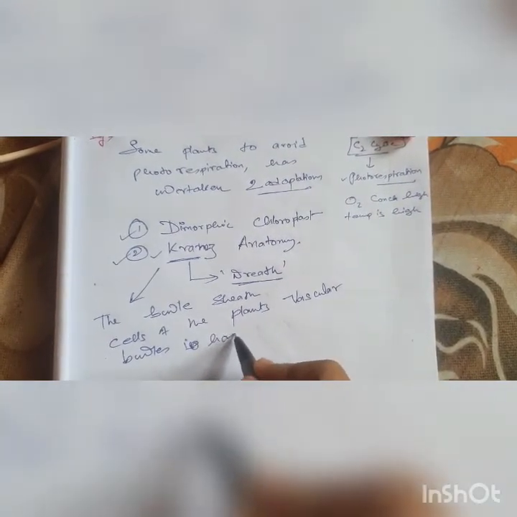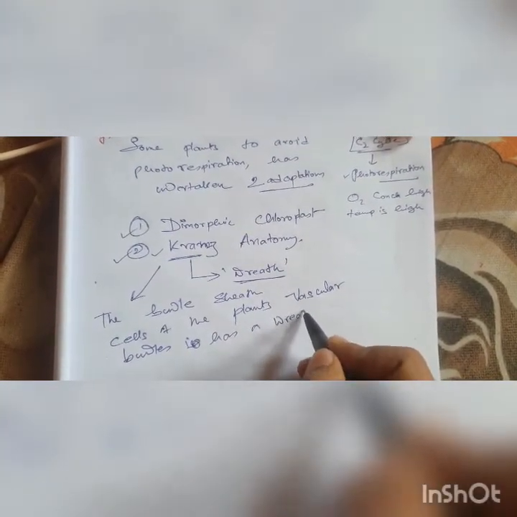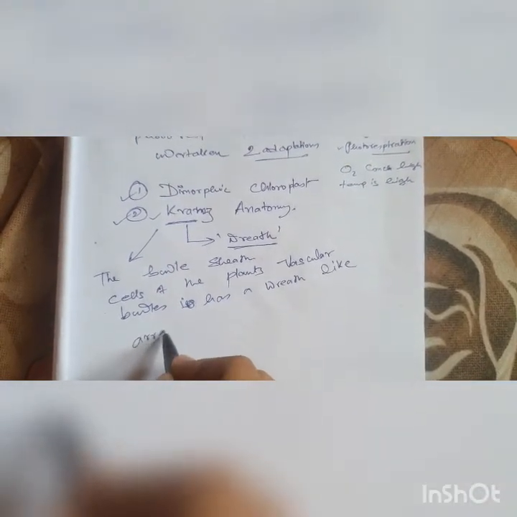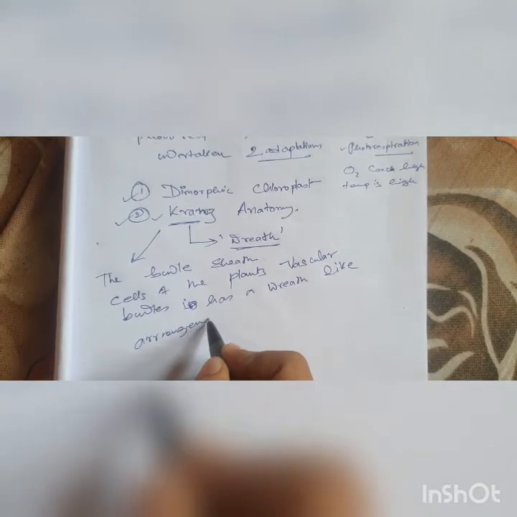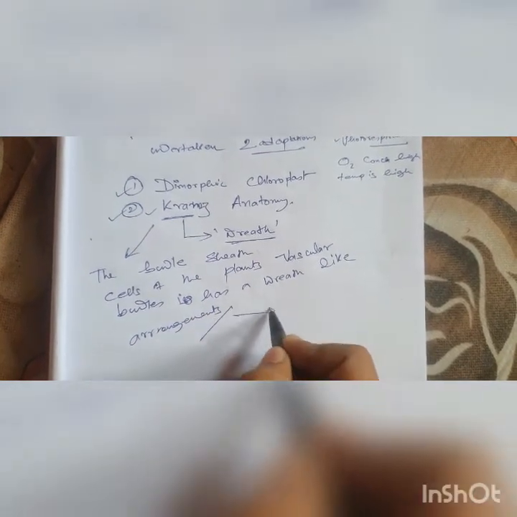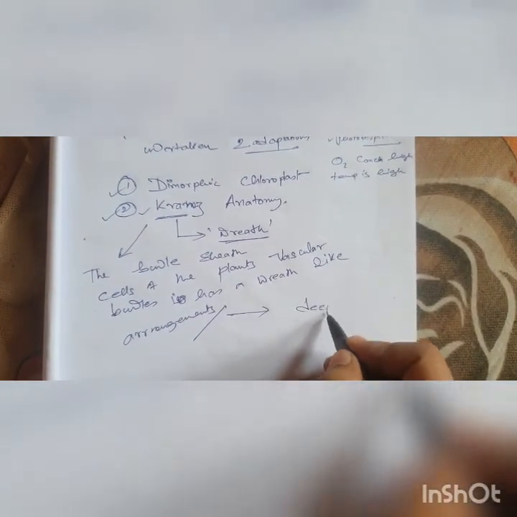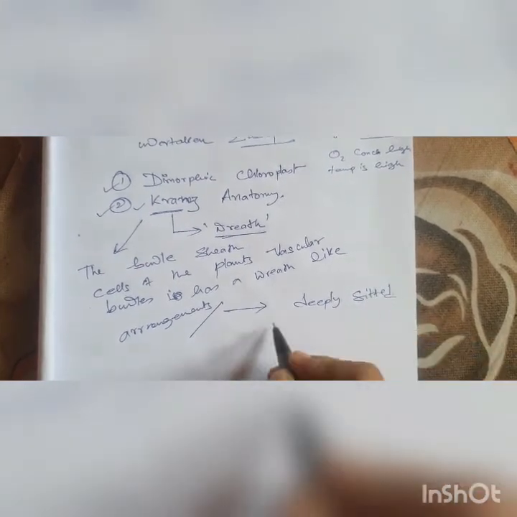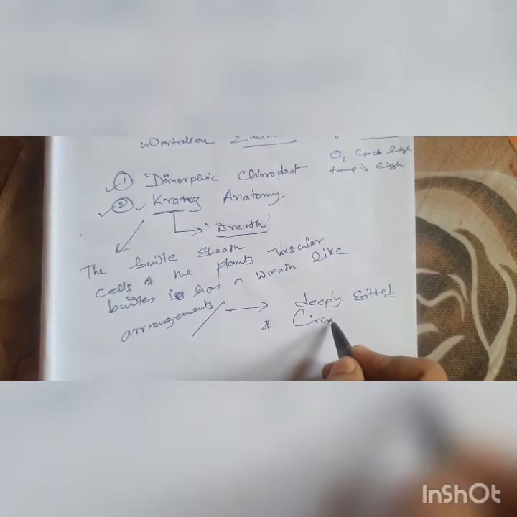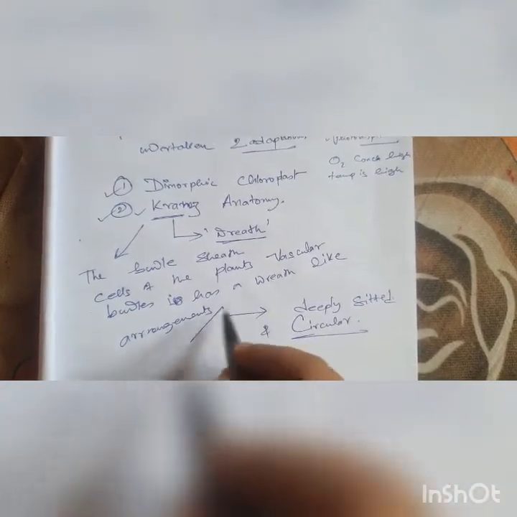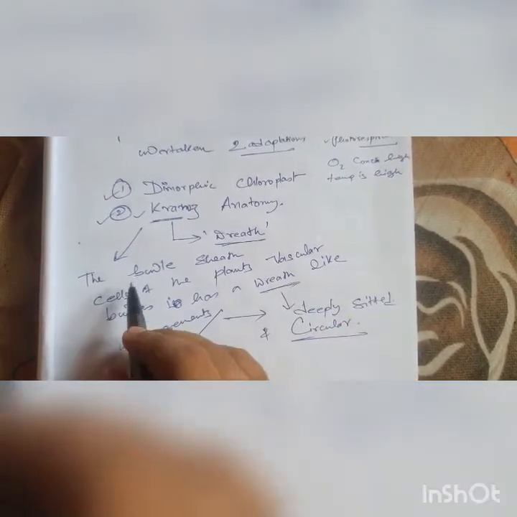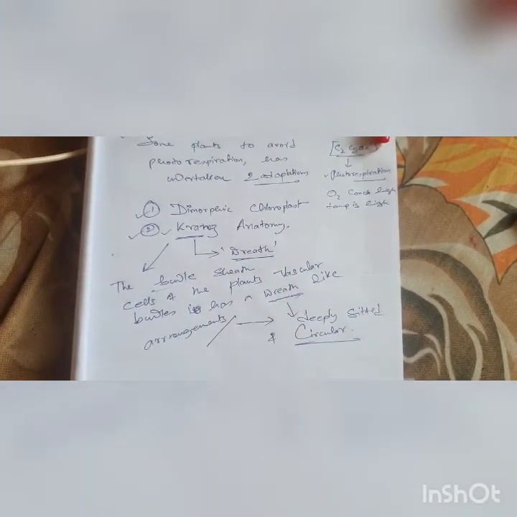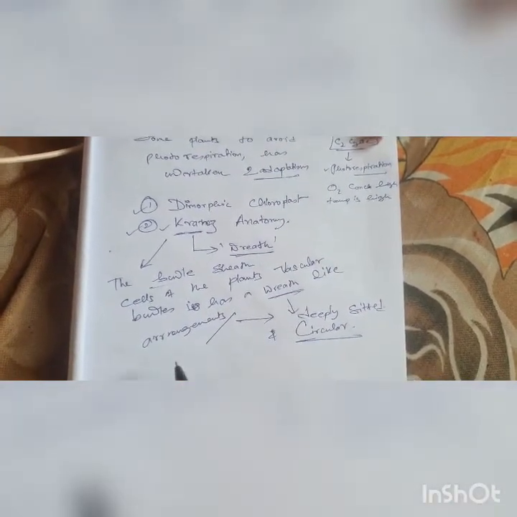A wreath-like arrangement means deeply seated and circular. Okay, so this is the meaning of wreath-like arrangement.